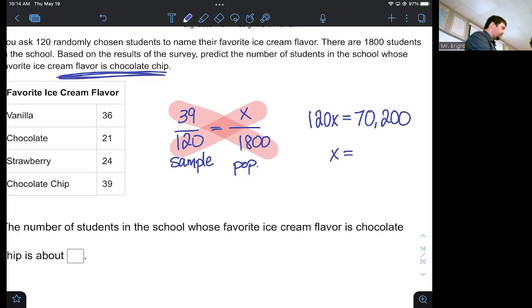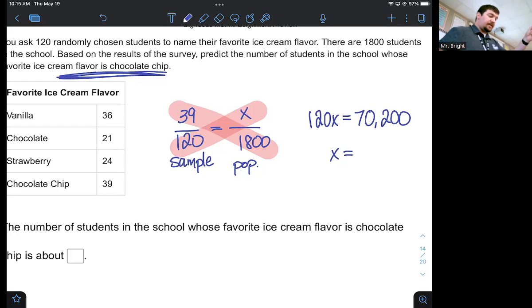Let me see what we got here. 20 log, interesting. Oh, sorry, we should be doing 70,200 divided by 120. You're right, it's not working. How about somebody else? I'm going to explore this because I have the same type of calculator, so I think I could fix it for you later. Can you grab one of mine until then?